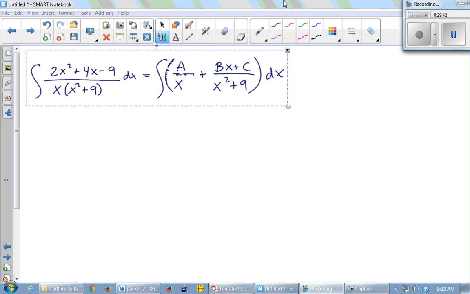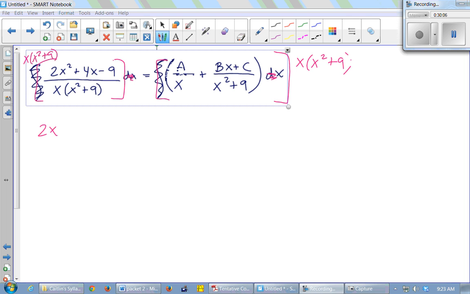All right, so then just ignore these integrals. We're just doing the decomposition right now. I'm going to multiply every term on both sides by the common denominator. Okay, so on the left, the whole denominators cancel.